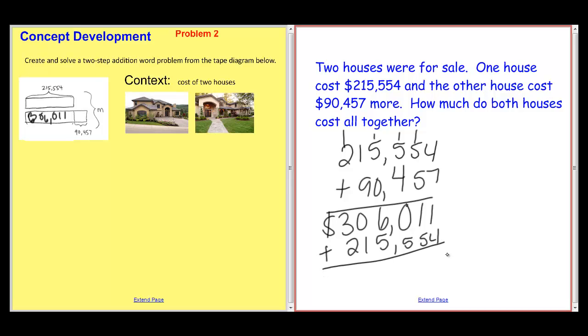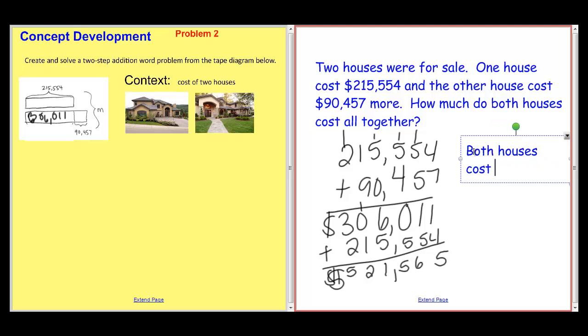So I'm going to find the total sum here. Okay, so I'll get $521,565. All right, so I'm going to type my answer here. Both houses cost $521,565 all together.